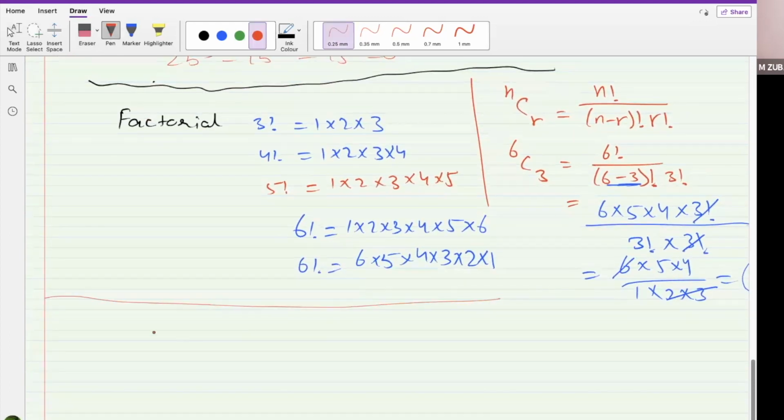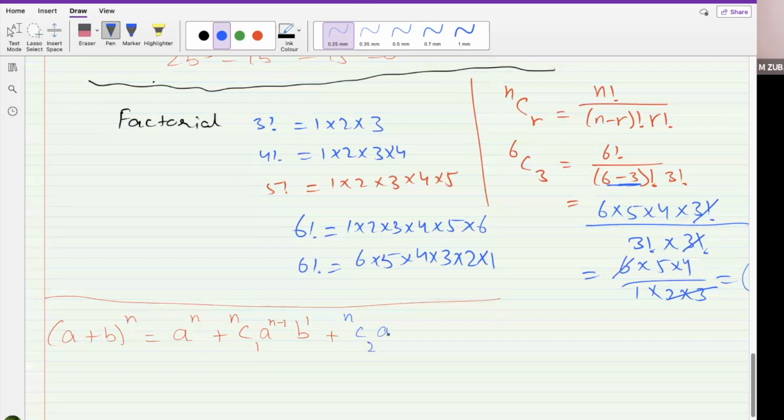So the formula is when we have (A plus B) power n, this is A raised to power n plus NC1 A^(n minus 1) B^1. Now this sequence will keep on moving. The power of A will keep reducing, power of B will keep on increasing. So NC2 A^(n minus 2) B^2. Then NC3 A^(n minus 3) B^3.